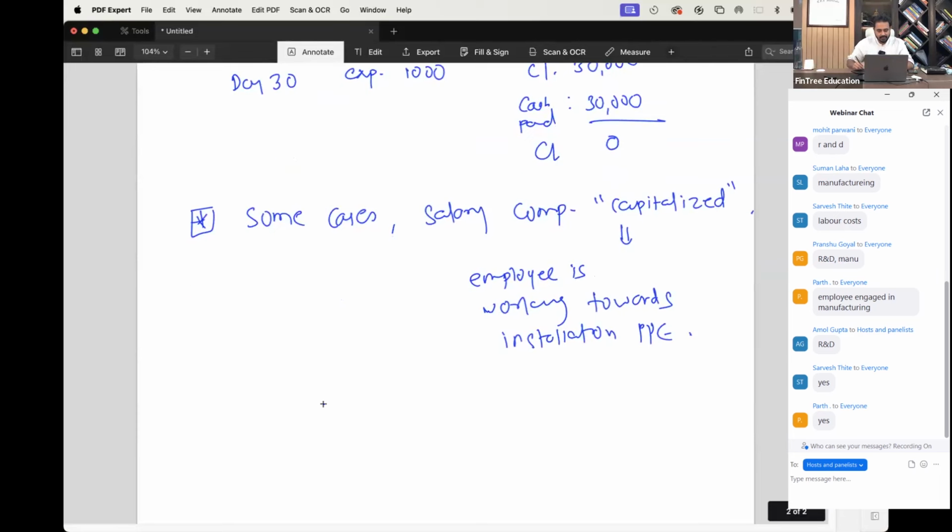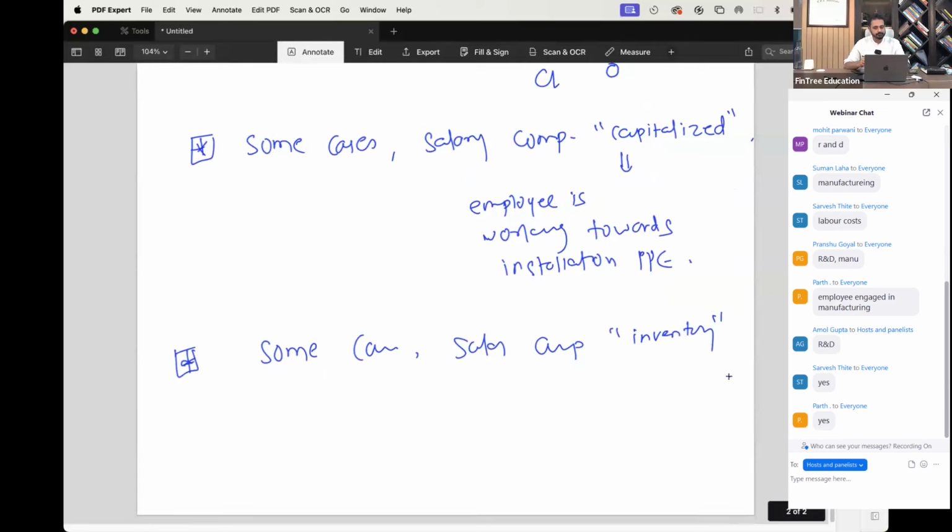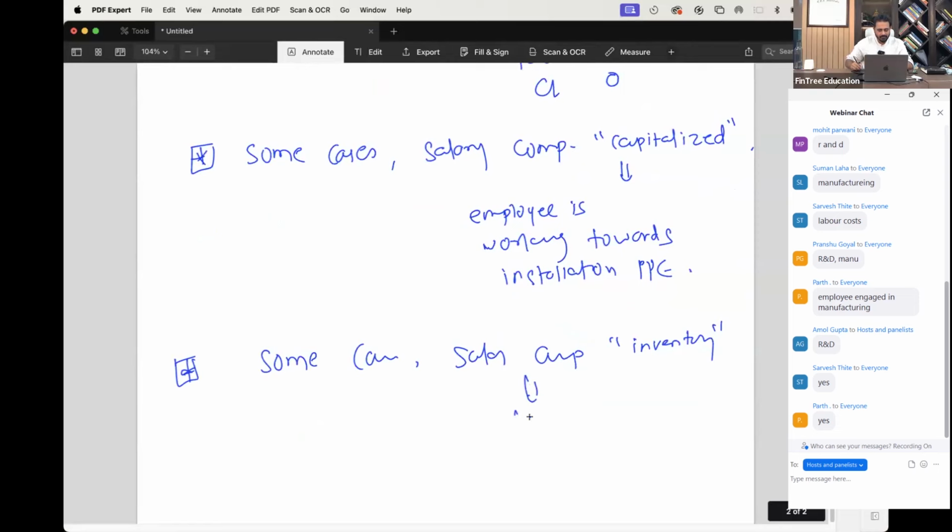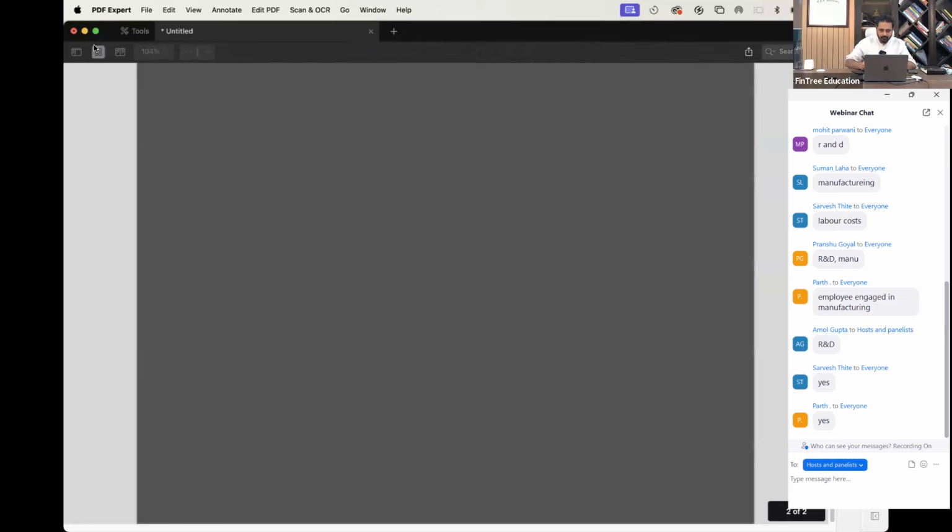In some cases, your salary comp will be added to inventory. When? If you have a manufacturing entity and your salary cost happens to be labor cost directly involved in manufacturing, processing, packaging, all of that, then it gets loaded to the cost of inventory. So it is not an expense, it gets capitalized, you create an inventory out of it. All right, so that's fairly straightforward.